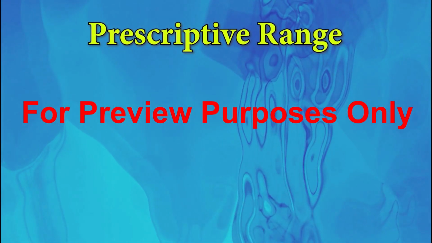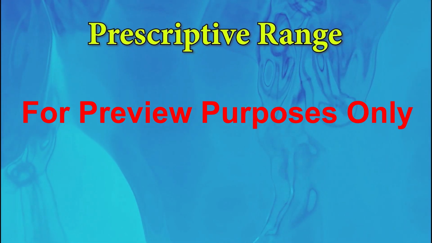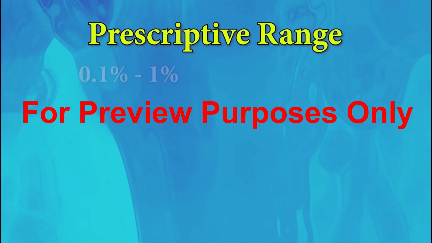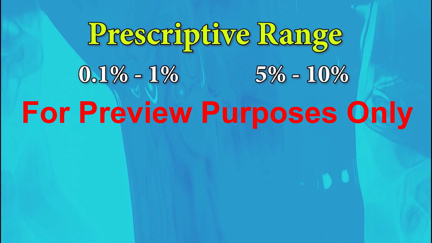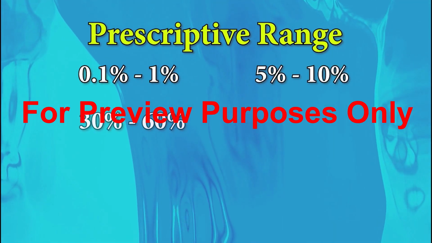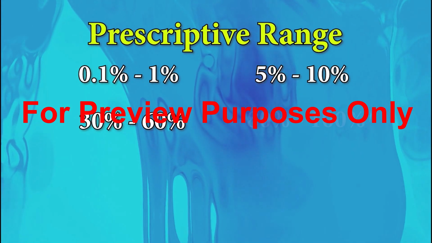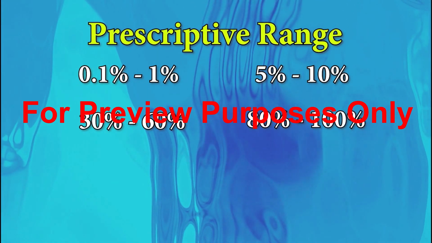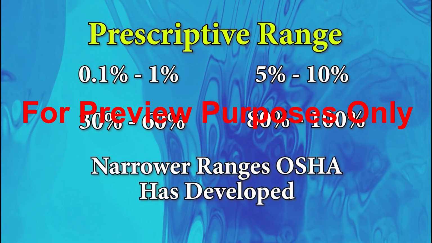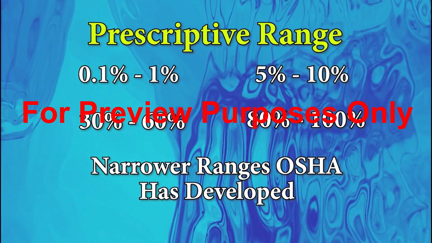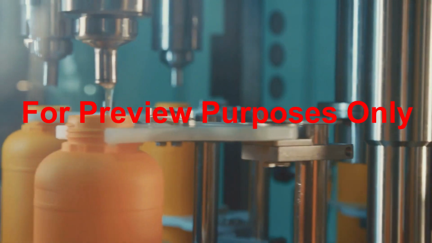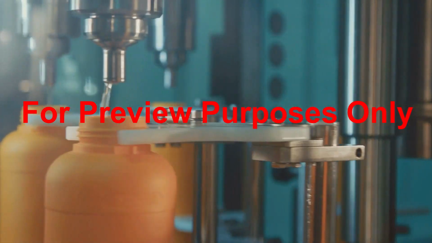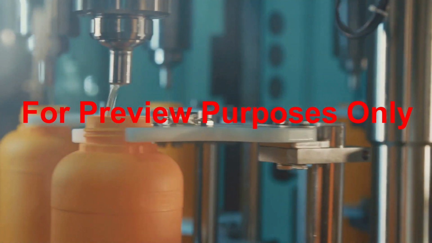OSHA helps them with this by providing a list of ranges they can use, such as 0.1% to 1%, 5% to 10%, 30% to 60%, 80% to 100%, as well as narrower ranges OSHA has developed. Manufacturers can also use their own ranges, as long as they are more narrow than those on OSHA's list.